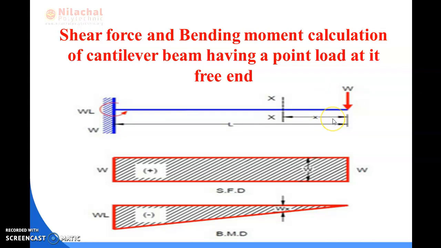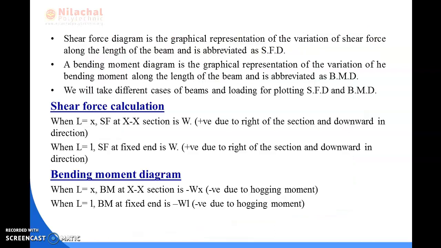If the moment is in downward direction, then the moment is known as hogging moment, which is negative in nature. So we will provide the negative sign over here. In brackets, you have to write the negative sign due to hogging moment. So your case 1 is over.